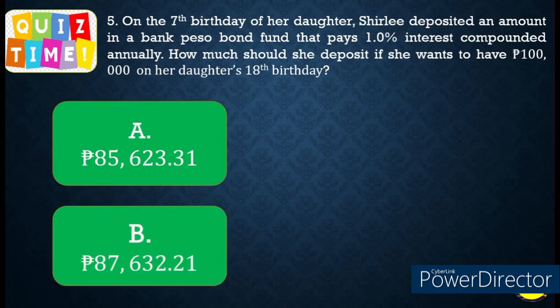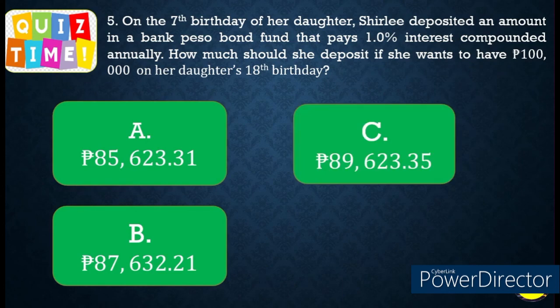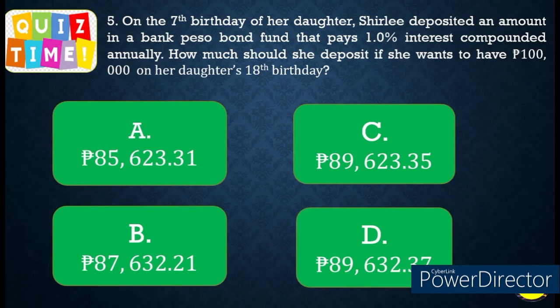Letter B, 87,632.21. Letter C, 89,623.35. And letter D, 89,632.37. Alright, so the answer is letter D.